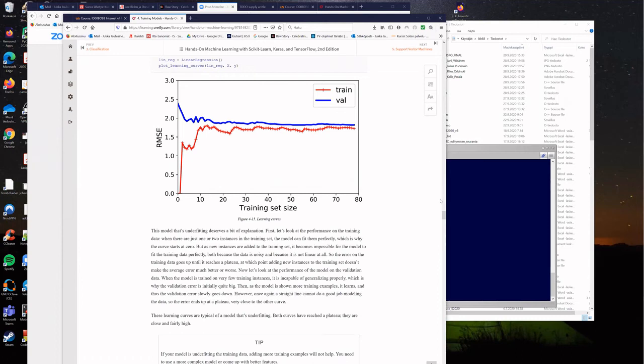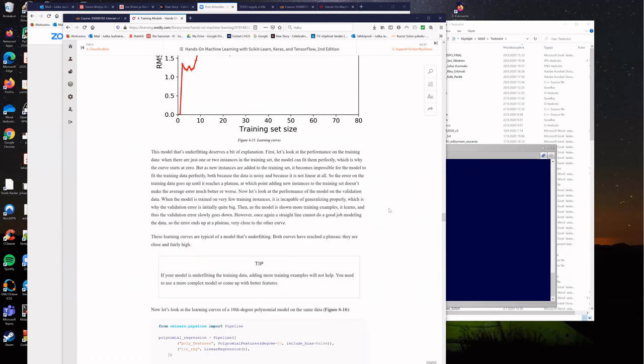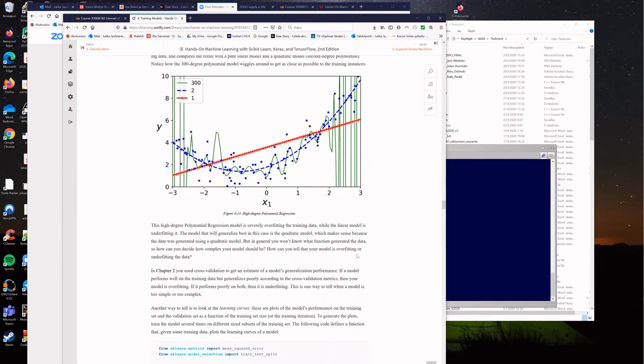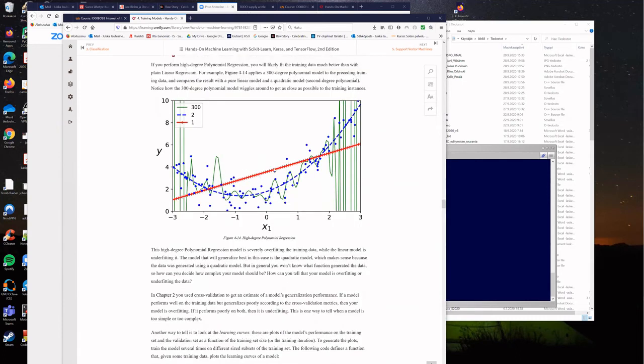Training set size increase doesn't work. So you have to use a more complex model or come up with better features. And this you see here, this is underfitting. And adding a second order degree polynomial solves this problem.